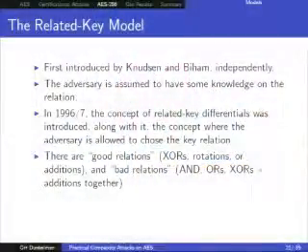Okay. So as I said before, the related key model was introduced by Knudsen and Biham, and around 96, 97, people started to use related key differentials. The concept there was to use differences in the key to cancel differences in the differential characteristic.